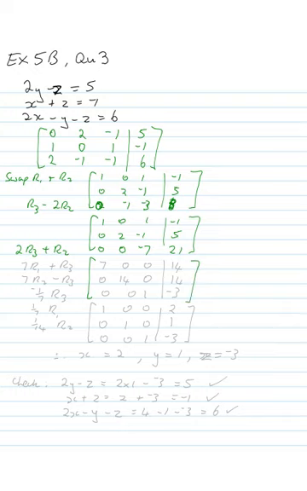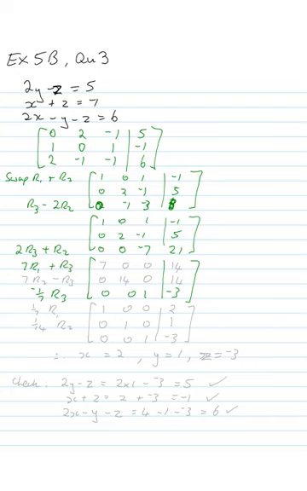Okay, so now for the bottom row, I'm going to look at getting into the identity matrix form where I need a 1 in that position. So I'm going to do -1/7 multiplied by row 3, so that will give me 0, 0, 1. And 21 divided by -7 will give me -3. Now for the top row here, I'm going to do 7 lots of row 1 and add on R3.